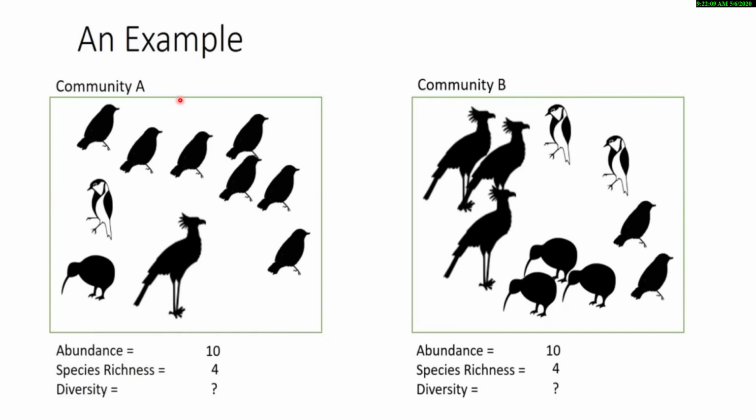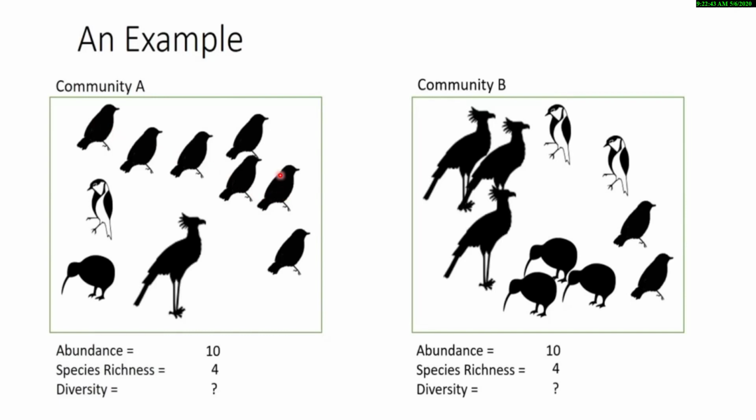When you check this plot, community A, how many species, how many individuals? We have 1, 2, 3, 4, 5, 6, 7, 8, 9, 10. There are 10 individuals, and that is the abundance. How many species?